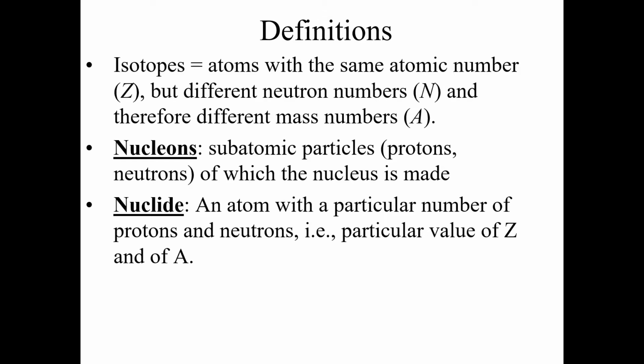And so subatomic particles like protons and neutrons, of which the nucleus is made, we're going to call nucleons. And then a nuclide is an atom with a particular number of protons and neutrons, in other words, a particular value of Z and of A. So a nuclide is sort of like the atom of what we normally call an isotope.